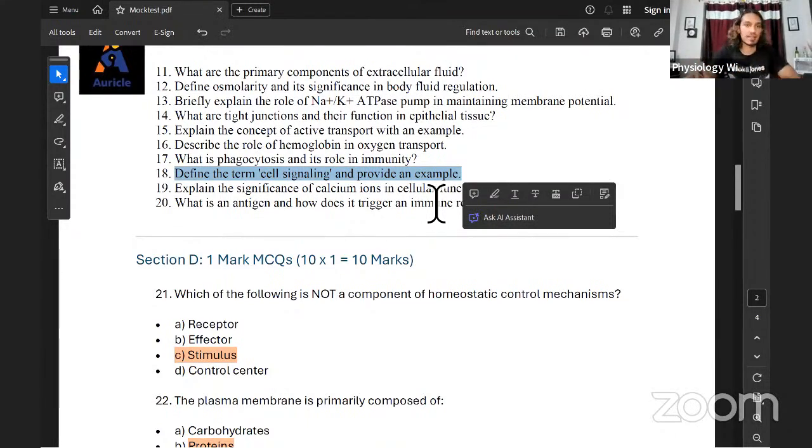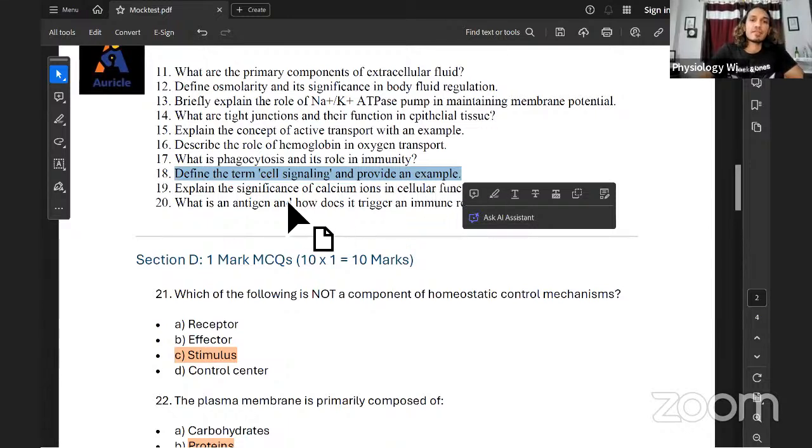That is what we call cell signaling. Okay, your examples, you can use a ligand-gated ion channel. Simple, that is a simple example, ligand-gated ion channels. Or you can talk about your enzyme linked activity, G protein coupled receptors. Okay, these are all different examples that you can provide with description.